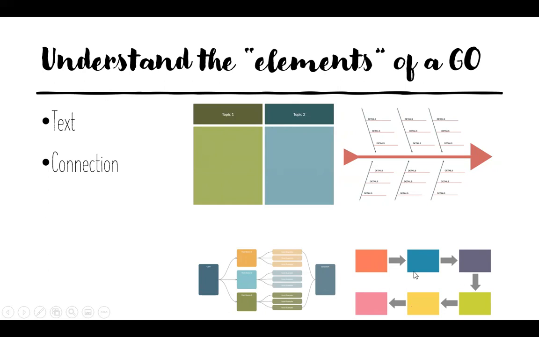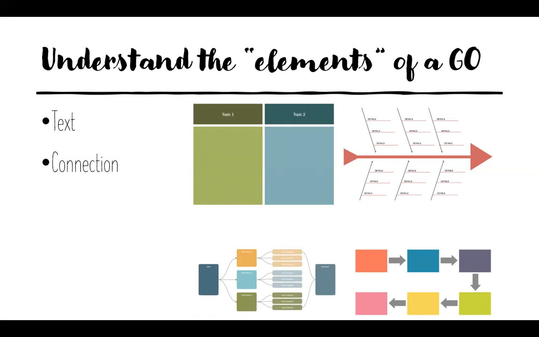It's usually a process, from the pink to the turquoise to the purple to the, what do you call this? Lime yellow, or I don't know what color that is, and so on. Jadi seperti itu. Selalu ada teks dan hubungan. Hubungannya bisa hubungan antar teks atau hubungan antar gagasan.